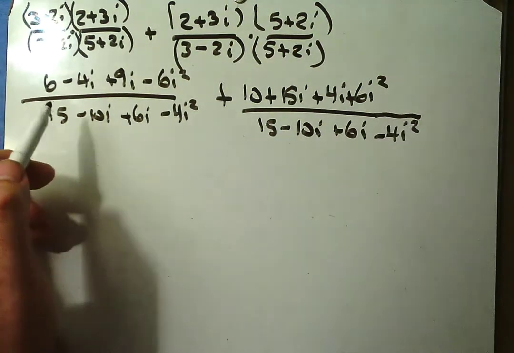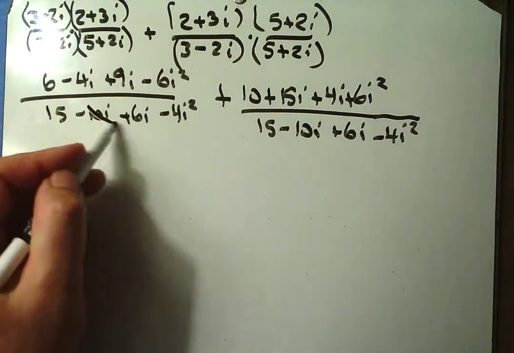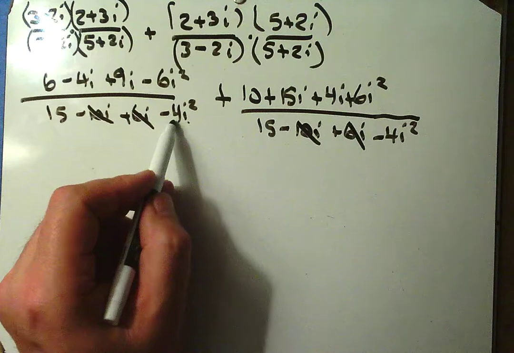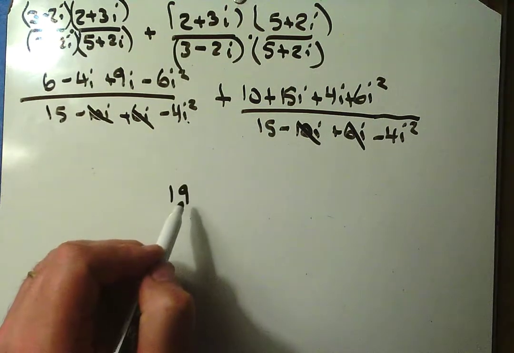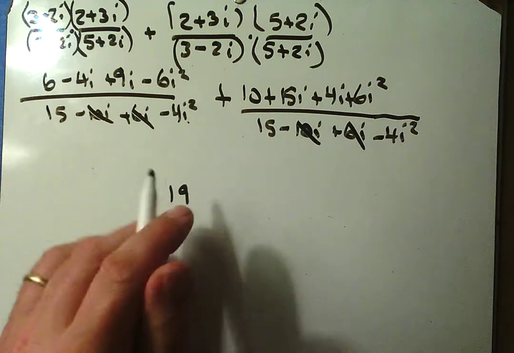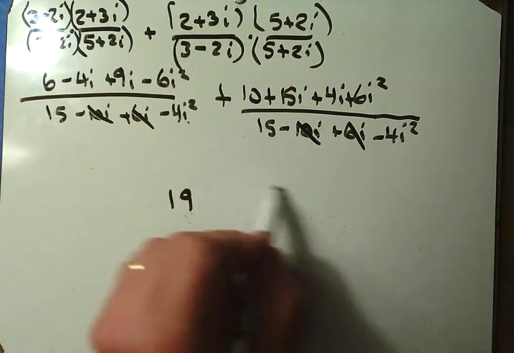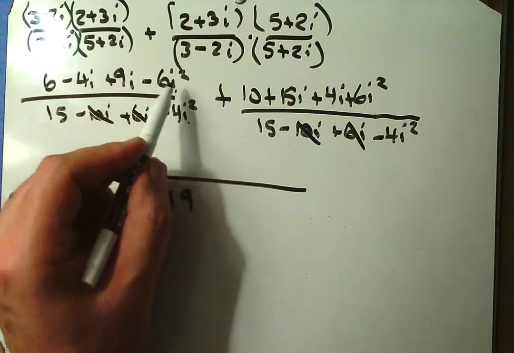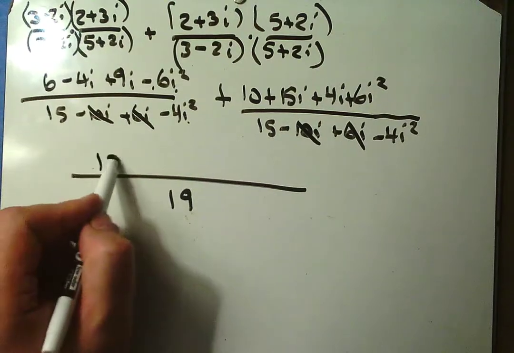All right, let's tidy up. The denominators are the same, so I know where I'm going with that. That's negative 1 times negative 4. 4 plus 15 is 19, so my denominator is 19. Is it the same? Oh yeah, because I made a common denominator. Okay, and then up top, what do I have? Well, i squared is negative 1. Negative 1 times 6 is negative 6. 6 plus 6 is 12.